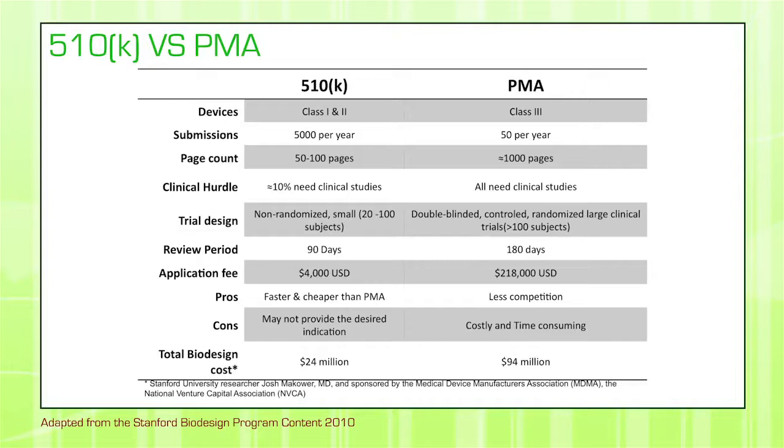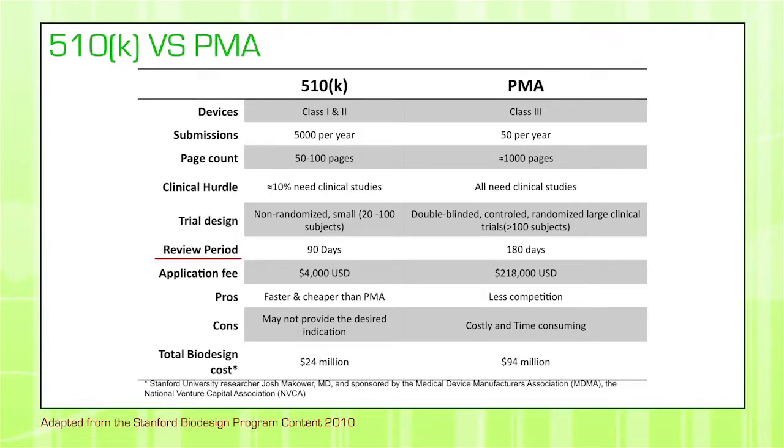In terms of trial design, which also defines your clinical trial and clinical strategy plan, in 510K applications, if your device is class 1 or 2, the trial may be non-randomized, small, 20 to 100 patients, non-controlled, and it could be fairly easy to perform. On the other side, if you have a class 3 device and a PMA is required, then you must consider a design in which double-blinded, controlled, randomized, large clinical trials are required, with on average more than 100 patients.